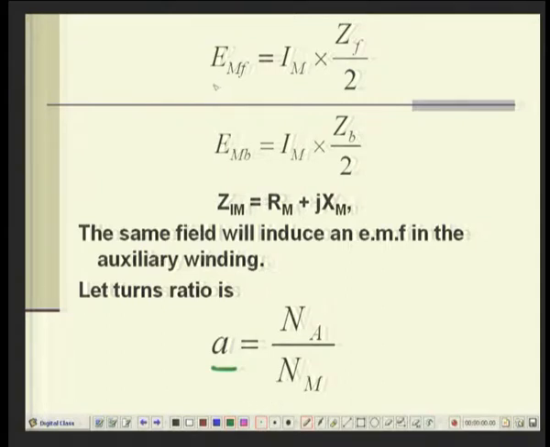So the forward voltage is Im into Zf by 2 and the backward voltage is Im into Zb by 2, and of course ZLm is equal to R of the main winding plus jX of the main winding.